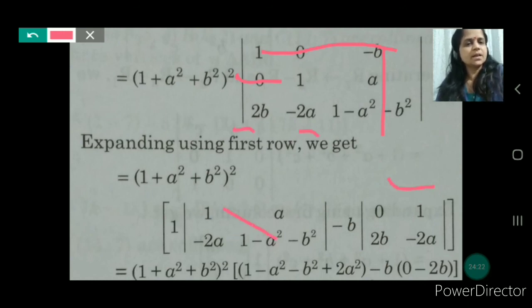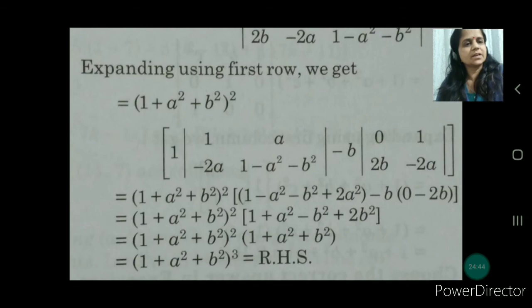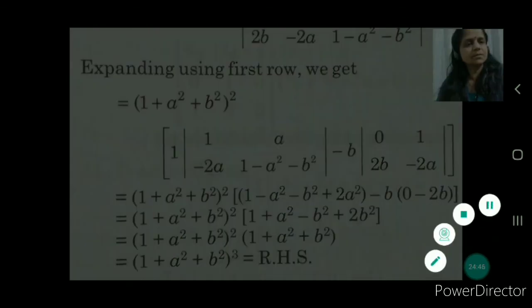Then multiply: 1 with 1 minus a square minus b square and minus 2a with a, and put the sign minus, so it is minus minus, it becomes plus. Same here, 0 with minus 2a and 2b with a, and put the sign negative and then solve it. You will get the final answer.